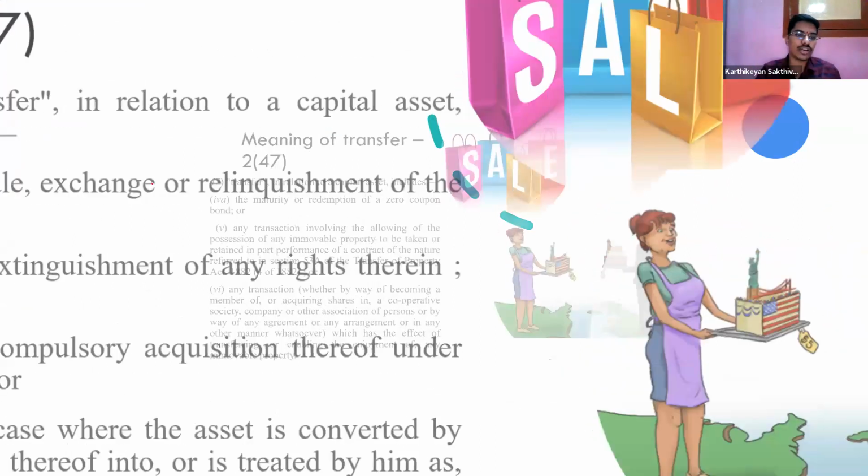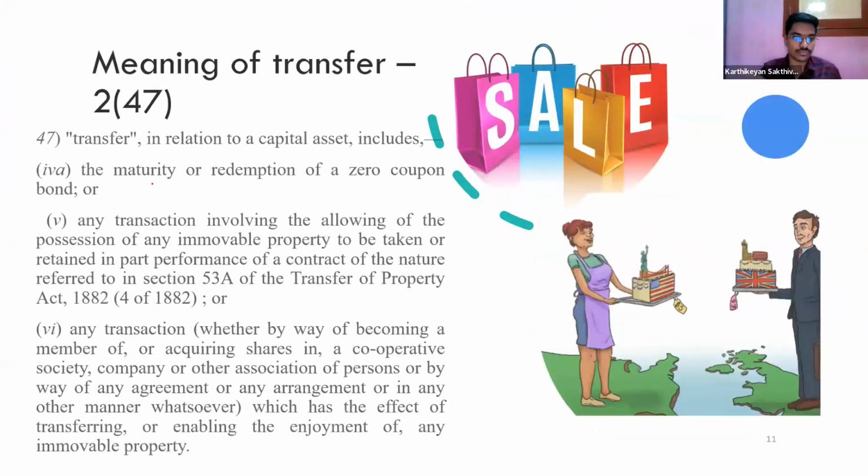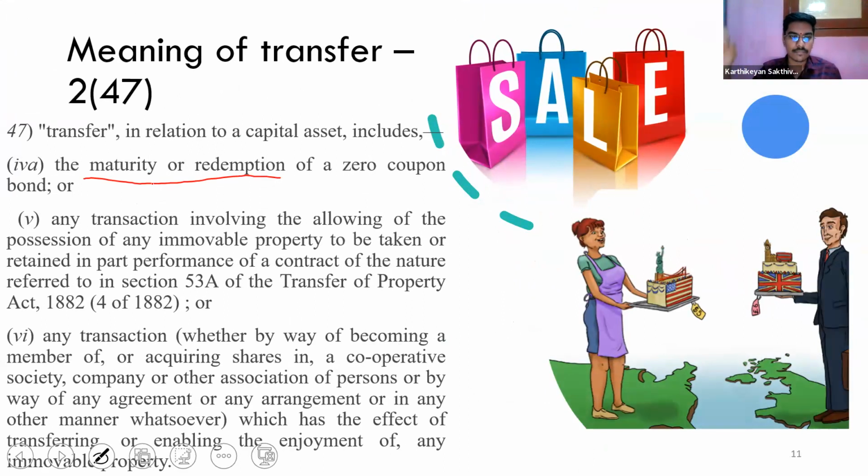Next, maturity or redemption of a zero coupon bond, and any transaction involving allowing of possession of an immovable property to be taken or retained as per section 53A. So part performance of a contract, if you just give the possession alone to the other person, that is known as part performance.